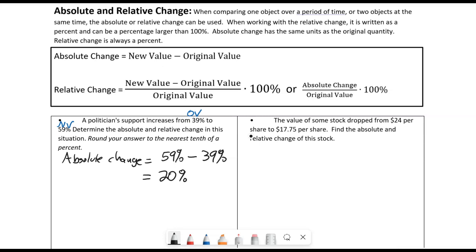When the actual units are percents, like in this problem, we would say, first off, this is a positive number, and so this is an increase of, but we wouldn't say 20%, we would say 20 percentage points. This is the absolute change.